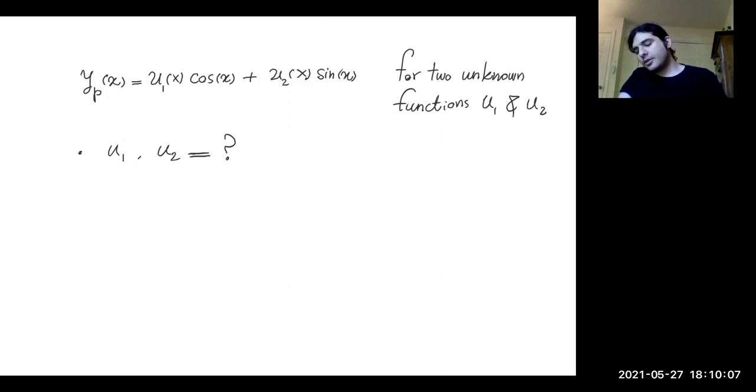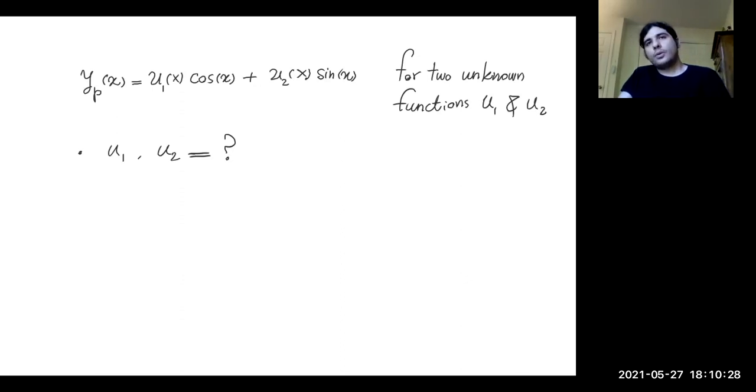So we assume there is a particular solution like this, and then we try to solve the equation for u1 and u2 to see if there are such functions or not. Great.